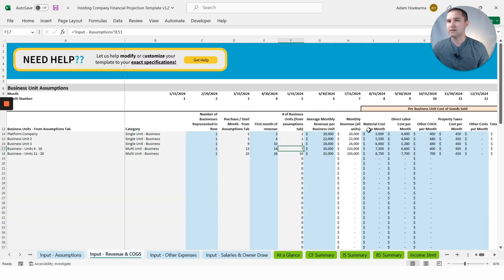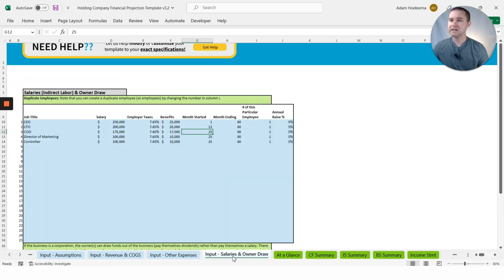I would put in all of the labor costs associated with that particular unit on the input revenue tab, and then leave the salary section for the holding company, the positions that are going to span across all the different business units. You might have one CFO that's providing CFO services for all the business units, right?